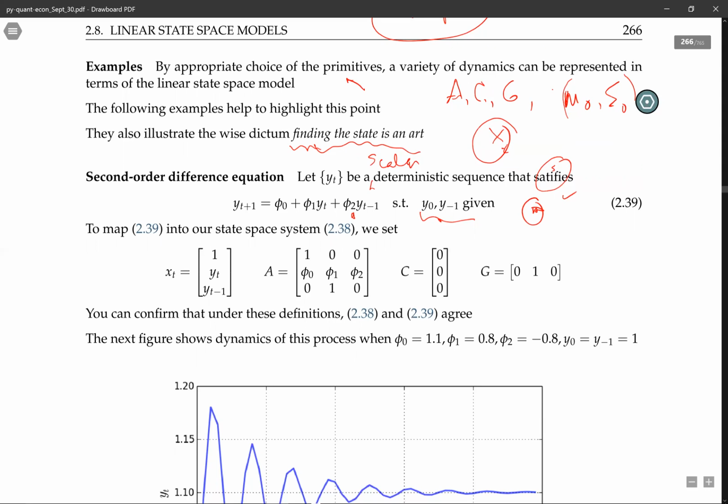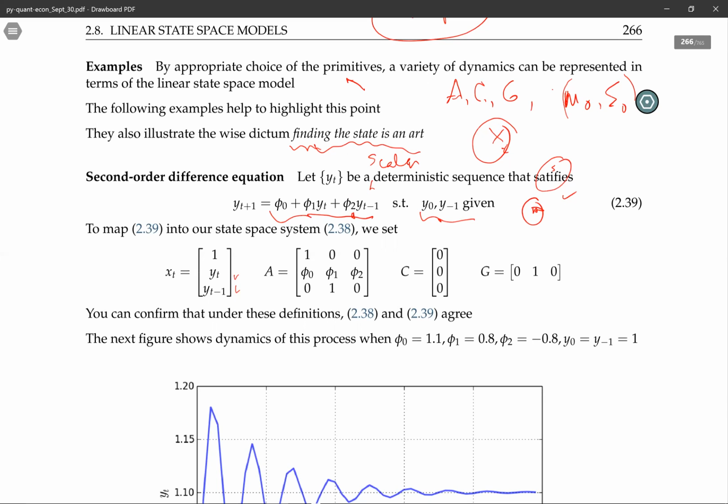I've mapped that scalar and a constant, you'll see why I put 1 in a minute, YT and Y_{t-1}. Now stare at this. What do I have on the right-hand side here? I've got phi 0, a constant. I've got a constant hitting YT, and I've got another constant hitting Y_{t-1}. So just put all the things on the right-hand side into X, stack them up.